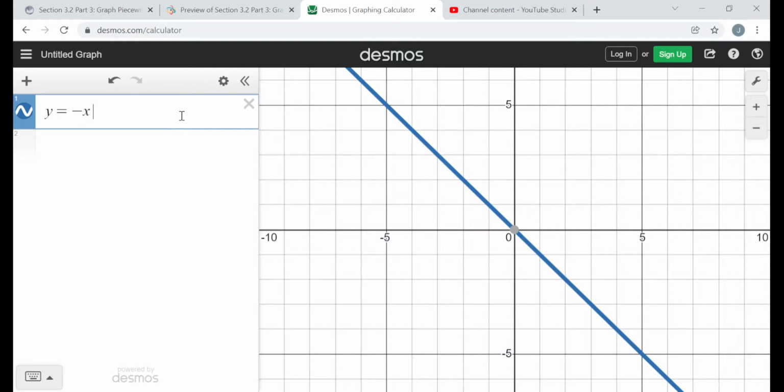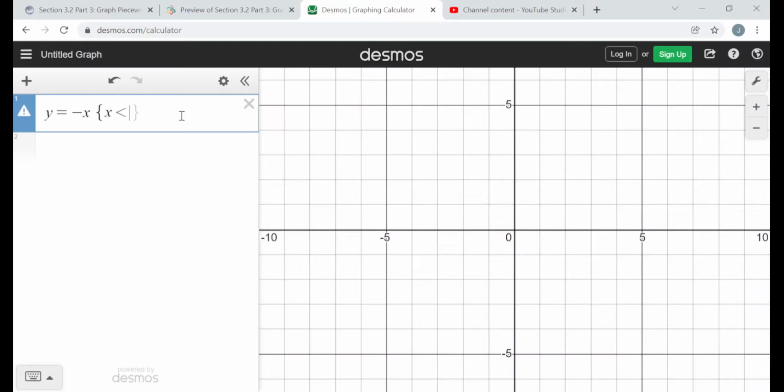After y equals negative x, you're going to go braces, right, curly braces, and then put the condition x is less than or equal to negative 3, and then close the braces. And then you see here it's just the graph of y equals negative x up to the point negative 3, 3, and you see it's solid, right? Because negative 3 is actually part of that piece.